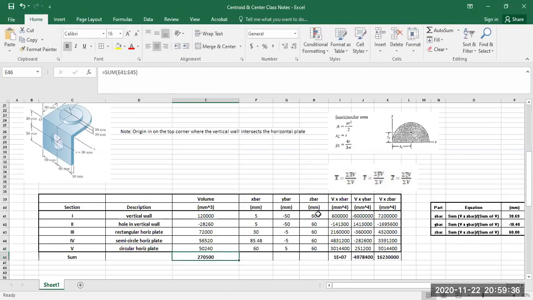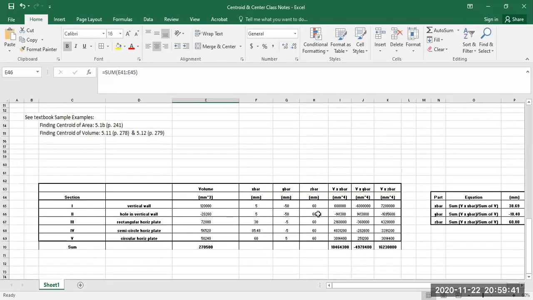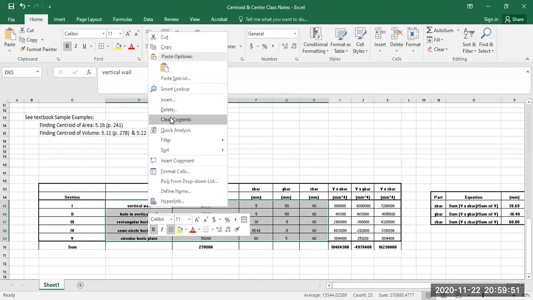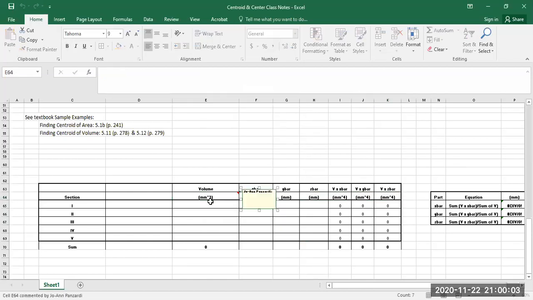Okay, so now let me check my answers. 38, negative 18, and 60. 38, negative 18, and 60. Great. Okay. So now what I'm going to do is I'm going to clear this and just make sure that you put in the right units. I'm going to clear this, whatever the units happen to be.